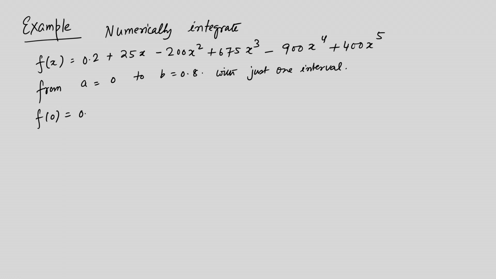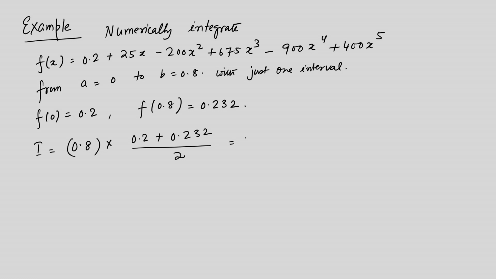So, what is f of 0? It is equal to 0.2 and f of 0.8 is equal to 0.232. So, the integral becomes 0.8, which is b minus a, which is called the h, times the average value at the two extremities, which is 0.232 plus 0.2 divided by 2, and this comes out about 0.1728 if you do it carefully, and the exact value is far away.